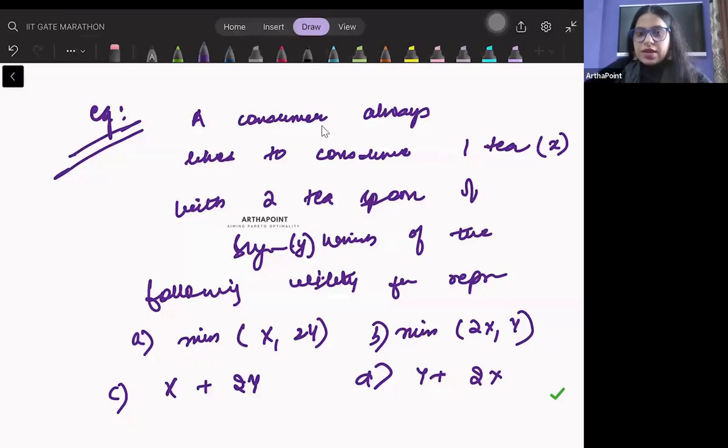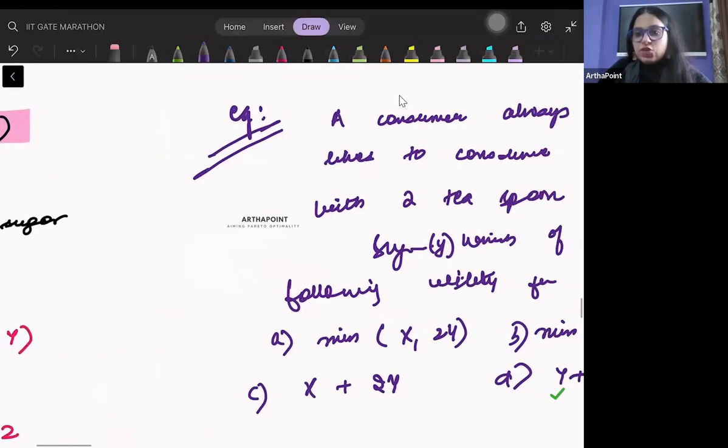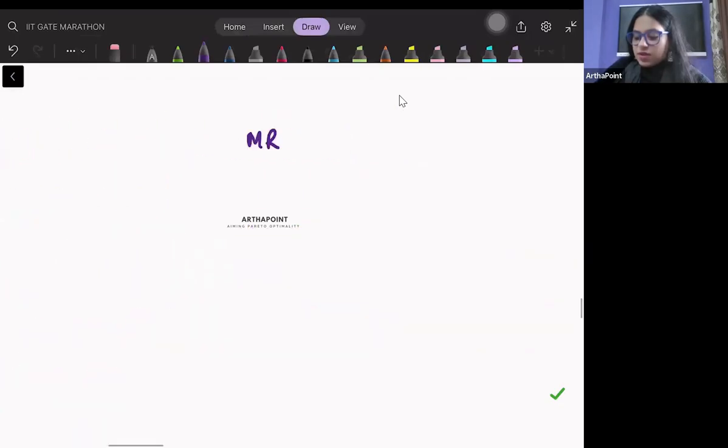Remember, whenever your MRS is less than PX by PY, you just have to check, put 1 here, check.